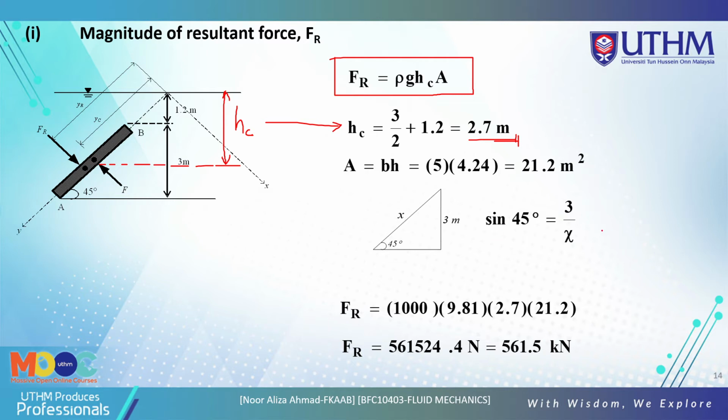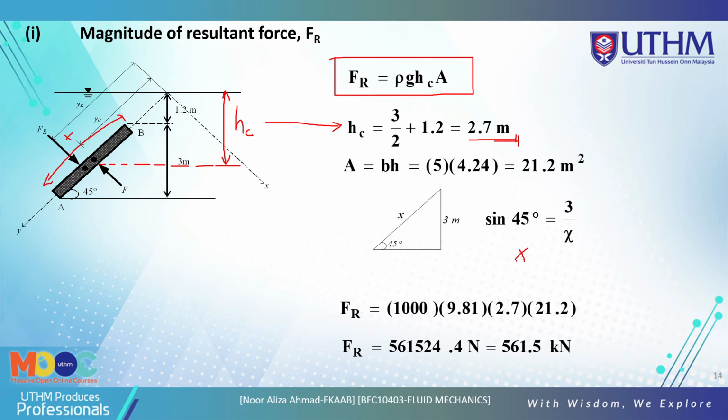So you get the X here. Sin theta, sin 45, so you want to get the X here. What is the X? The 45 degree side is 3 meter.